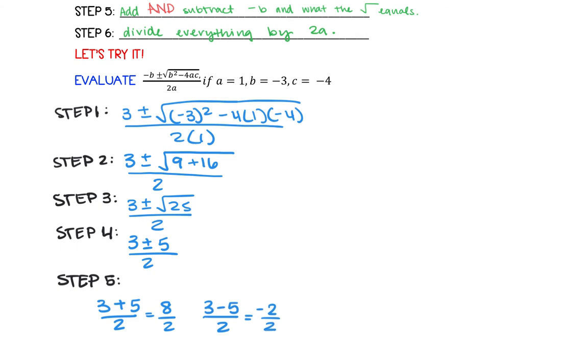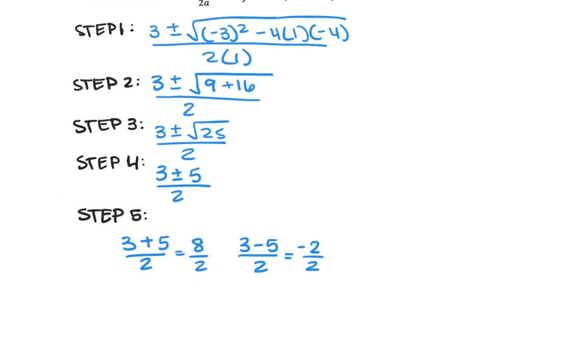Next we have step 6. And step 6 is to divide everything by 2a. In this case, our 2a is just 2. So 8 divided by 2 is 4. And in the other case, negative 2 divided by 2 is negative 1.